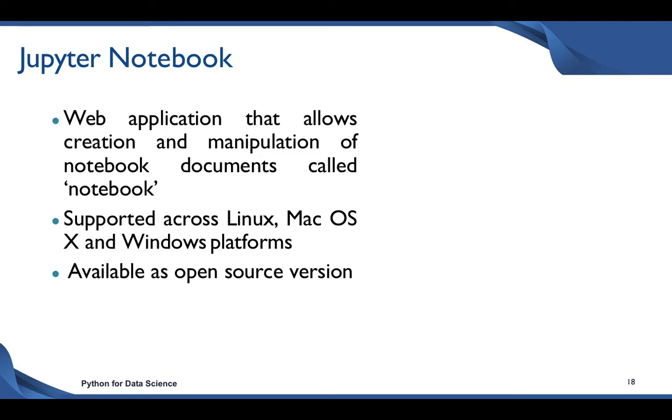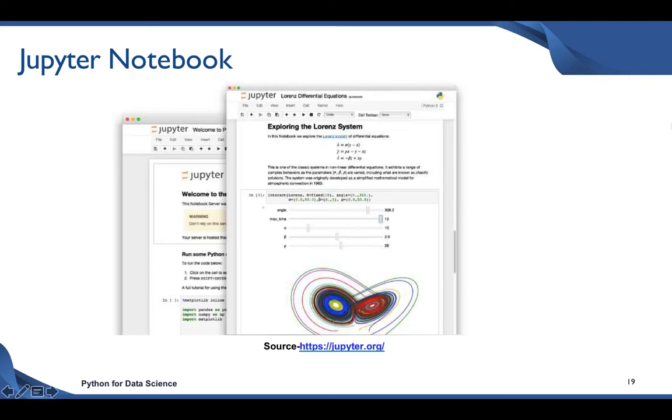Then we come across Jupyter Notebook. It's a web application, a client server model, first of all, right? It allows creation and manipulation of notebook documents called notebooks, and it is supported across all the platforms and is open source. The interface looks something like this, and here we have the cells in which we write our code and visualize the output there itself.